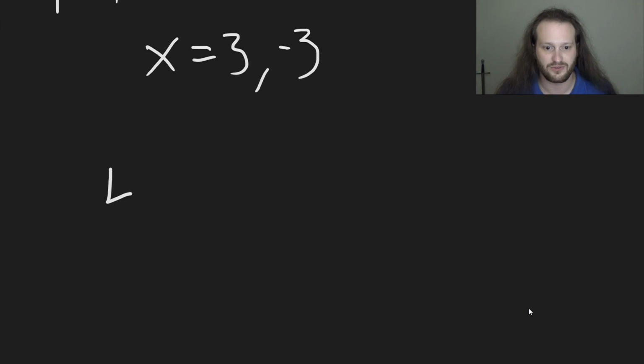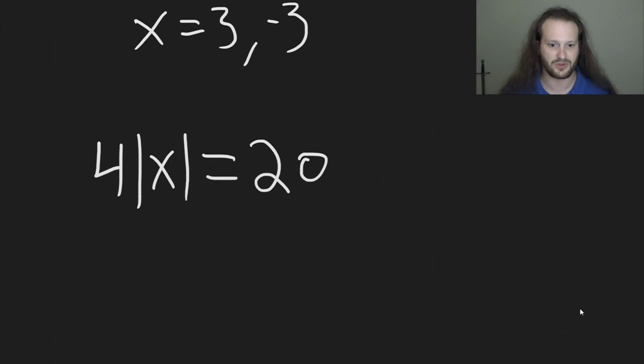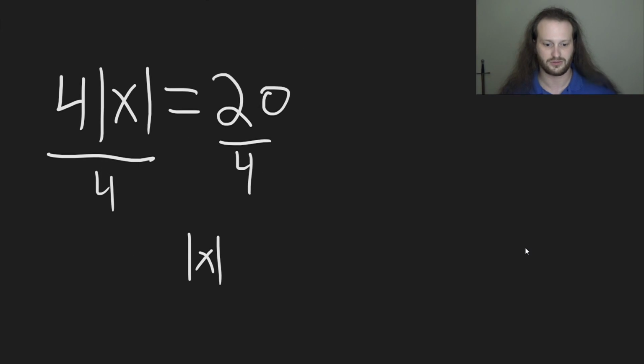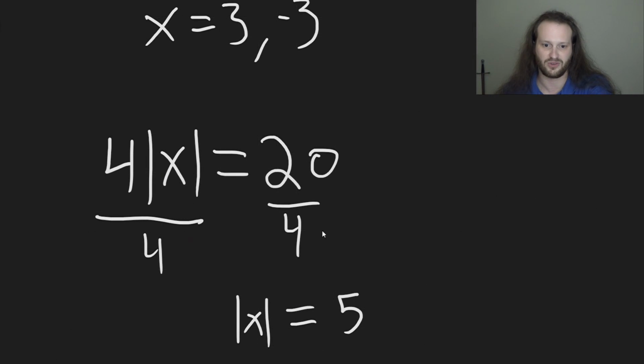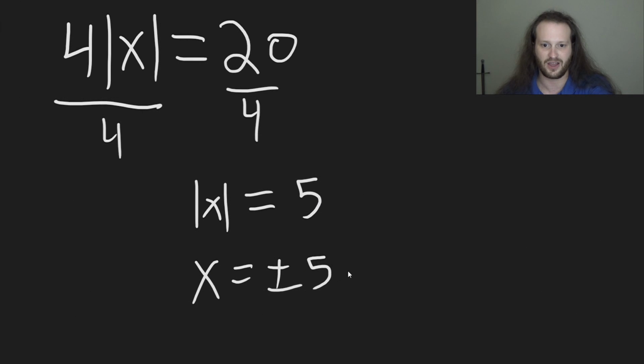So for instance, for 4 times the absolute value of x equals 20, and I wanted to solve for x, well, I would simply divide both sides by 4. The absolute value of x is equal to 5. X is equal to two separate numbers, plus and minus 5. So that's just anything that's outside of the absolute value bars. You kind of treat it as parentheses at that point, except with a negative component.